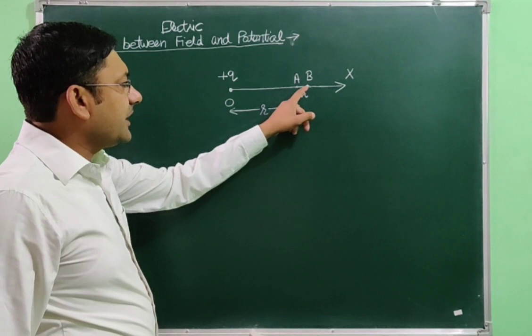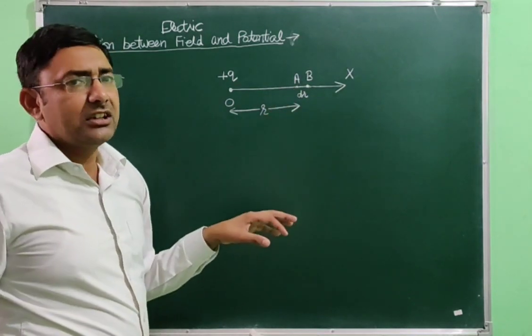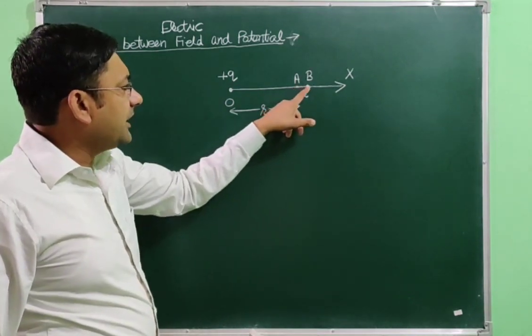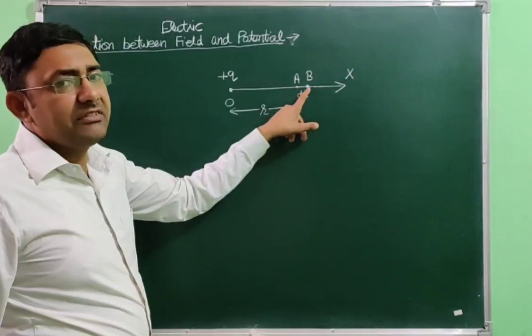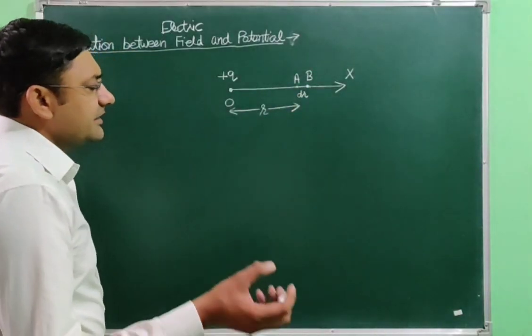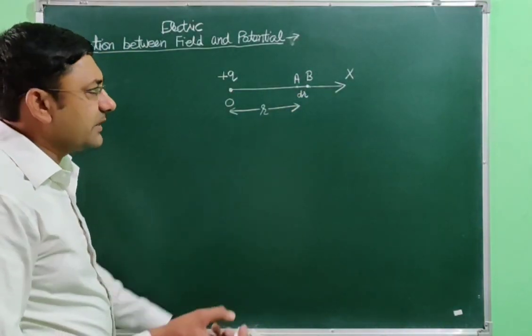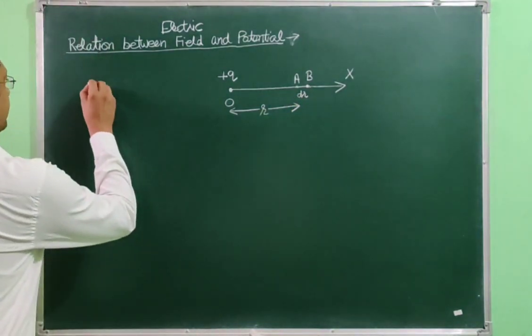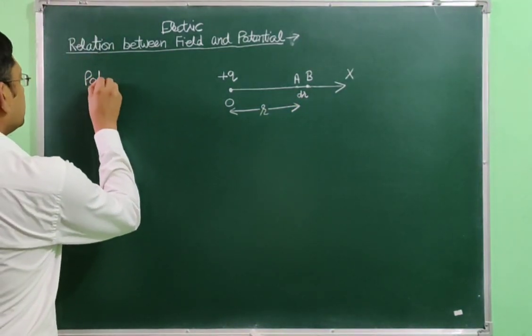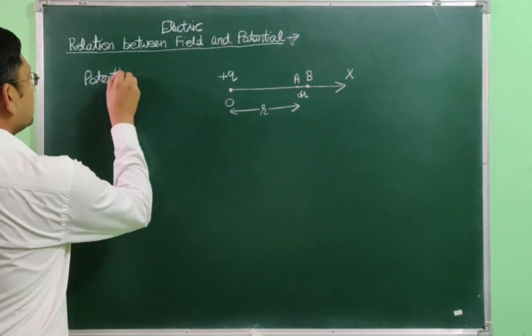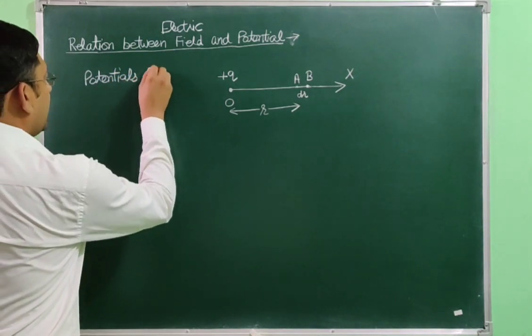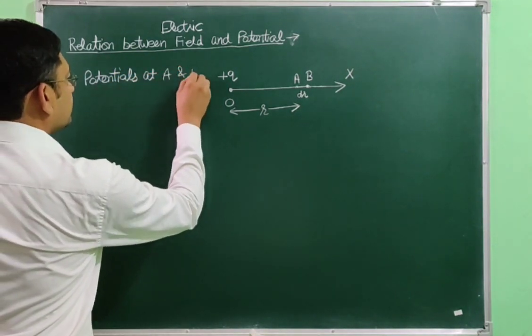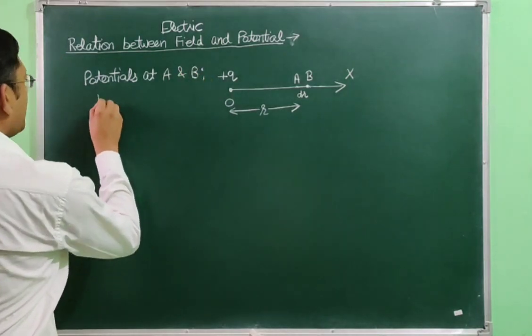So the potential difference at point A and at point B will be very small. So assume this difference is dV. So potentials at A and B are, तो क्या क्या होंगे potentials?